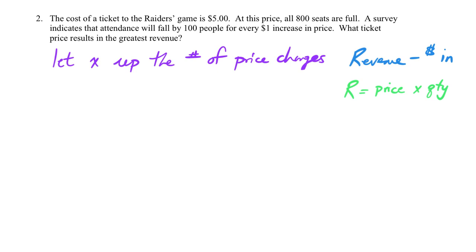So revenue always is the amount you charge times the amount you sell. If I've got a lemonade stand at the bottom of the driveway, then the amount of money that's going to come in from all of my sales throughout the day depends on how much I charge per cup and how many cups I sell.